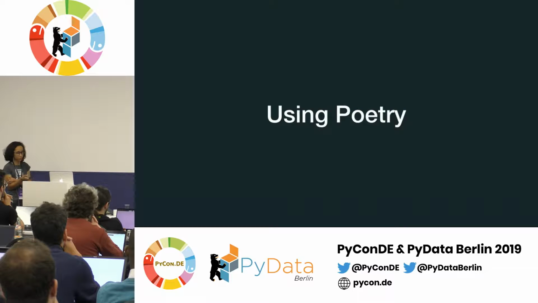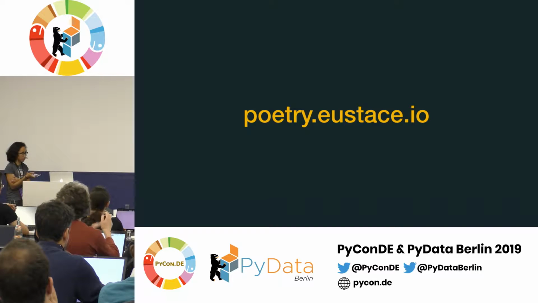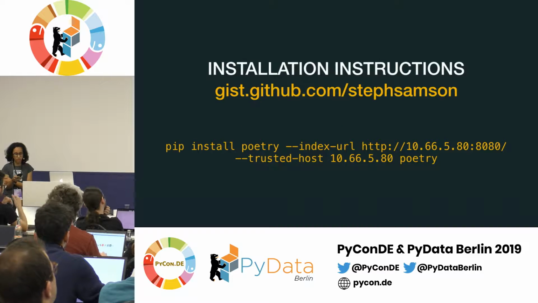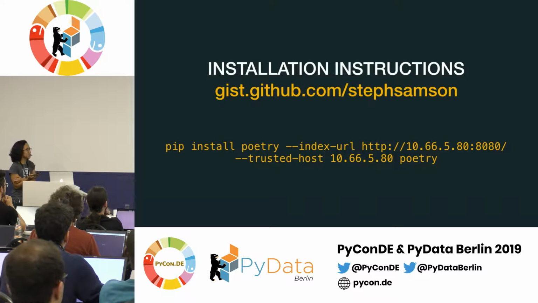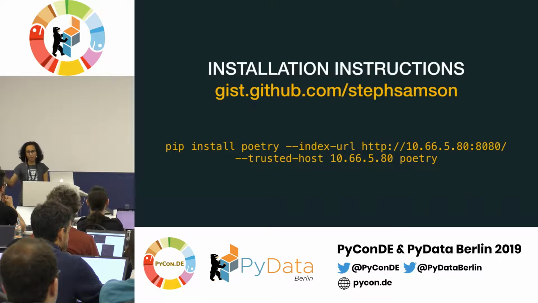So using Poetry, download Poetry from this website, and it's also where the docs are. Otherwise, I also have installation instructions here. And if anyone doesn't have a connection to the internet, you can install Poetry from a Raspberry Pi that I set up in the corner, which I also published to using Poetry.